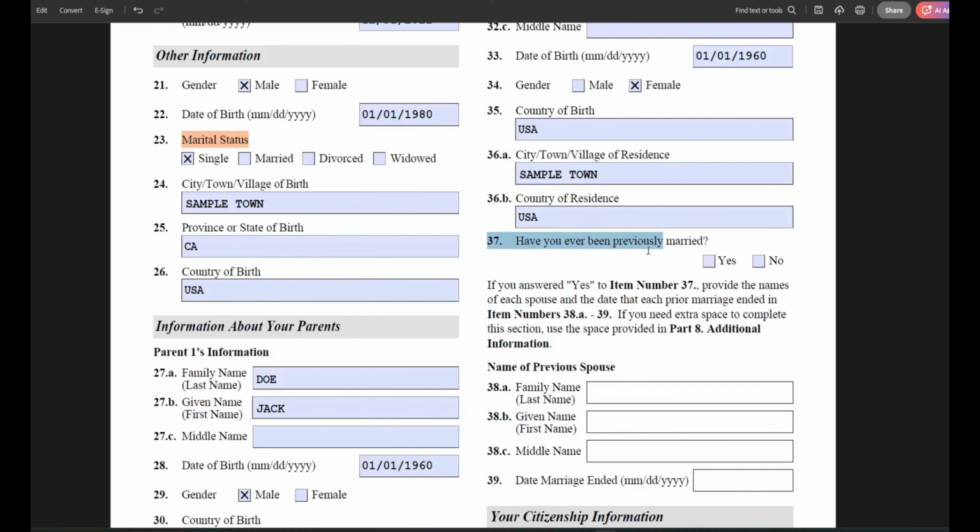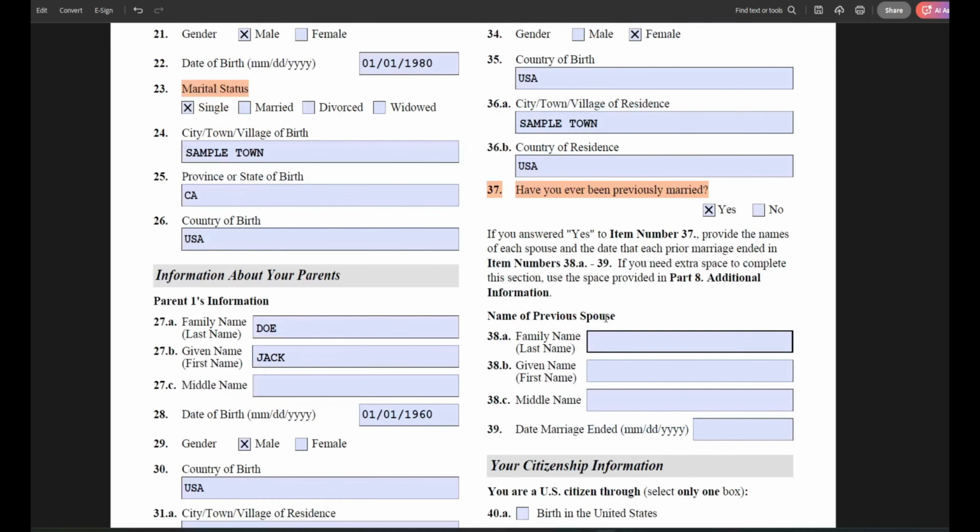The next question asks if you have ever been previously married. If you answer yes, you will need to provide information on your previous spouse. So if you selected right here divorced or widowed, then you will need to provide information of your previous spouse here.